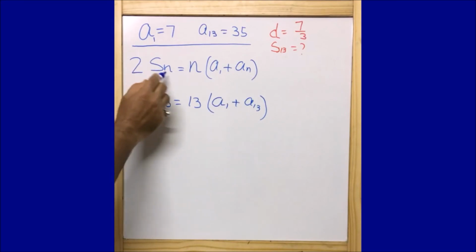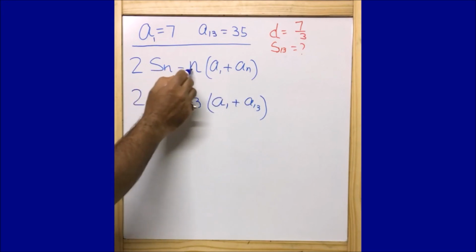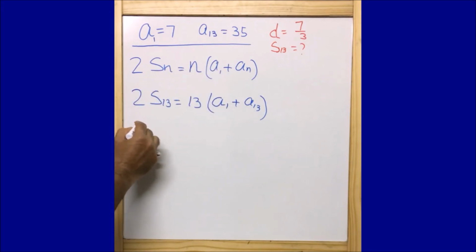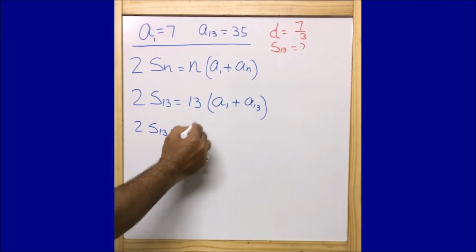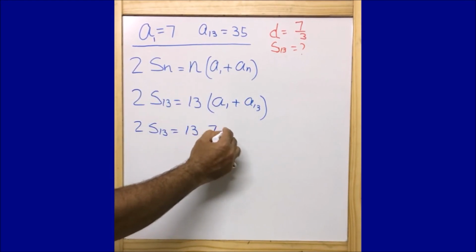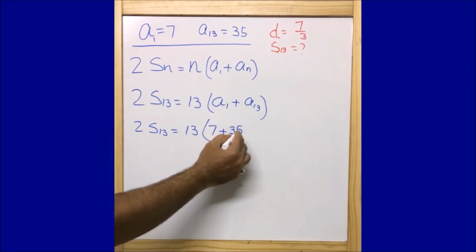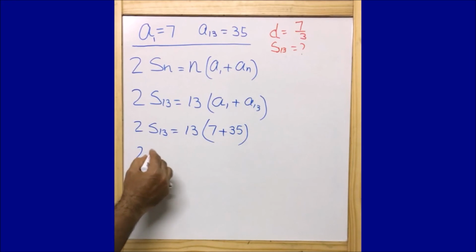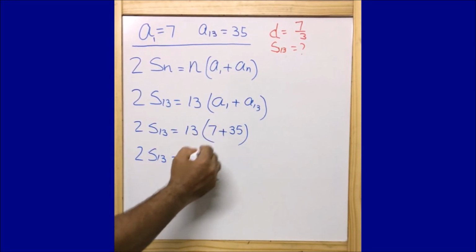Just replacing the value of n with 13. Now I can write 2S13 is equal to 13 into A1 is 7 plus A13 is 35, or 2S13 is equal to 13 into 42.